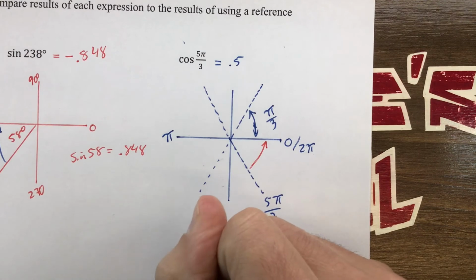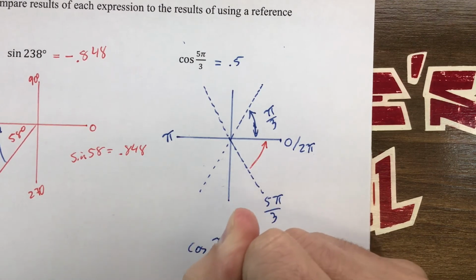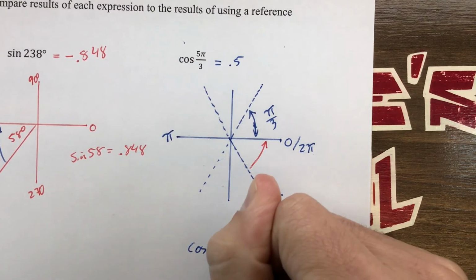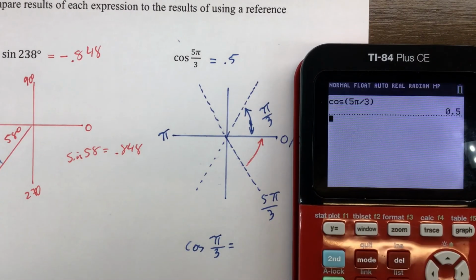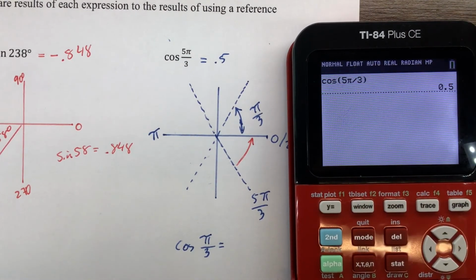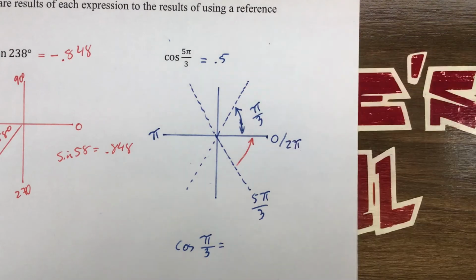So we're going to evaluate the cosine of pi over 3. Oops, got to divide it. All right, the cosine of pi over 3 is also 0.5. It's exactly the same answer.